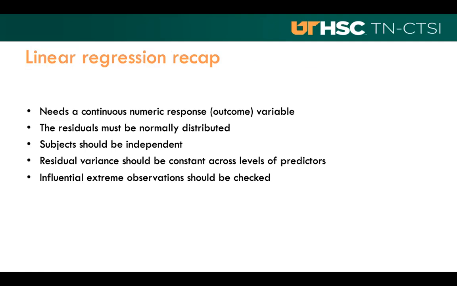So for linear regression, we need a continuous numeric response or outcome variable, and the residuals or the error terms have to be normally distributed. We use the quantile plot to check whether there is a normal distribution in the residuals. And the subjects or the participants should be independent.